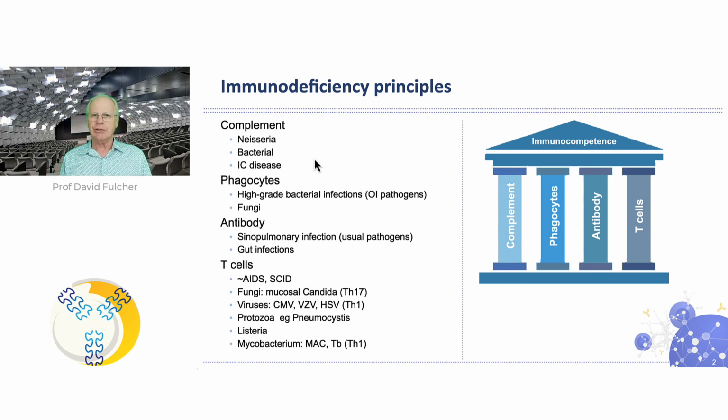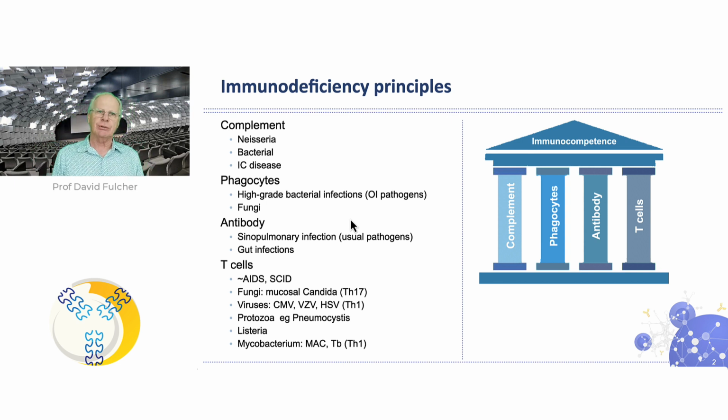If your antibodies are deficient, this is the most common immune deficiency, which I'm sure everyone knows how to recognize, at least I hope so. Recurrent sinopulmonary infections with ordinary everyday pathogens like strep and staph and Haemophilus, etc. And you also get acute and chronic diarrhea due to Campylobacter and Giardia and so forth.